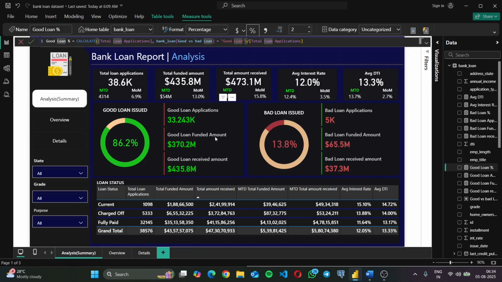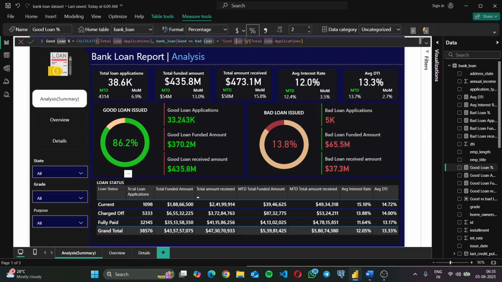So we can see that 86% good loans were issued by the bank, so this shows a healthy portfolio from the bank's perspective, and only 5,000 loans out of 38,000 were classified as bad loan, wherein bad loan funded amount is 65 million and the received amount from the user towards the bank was just $37 million.